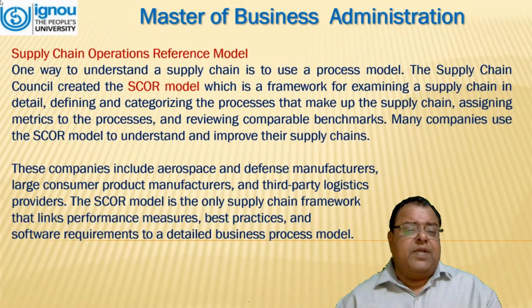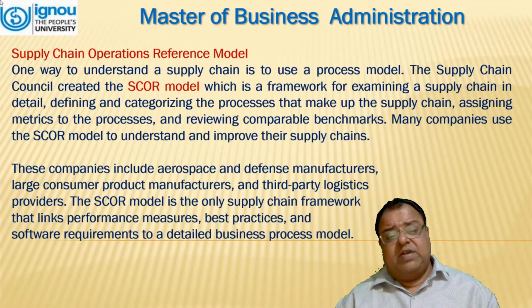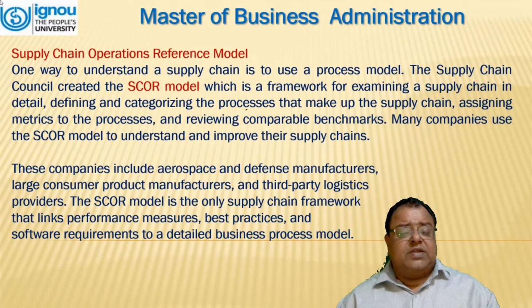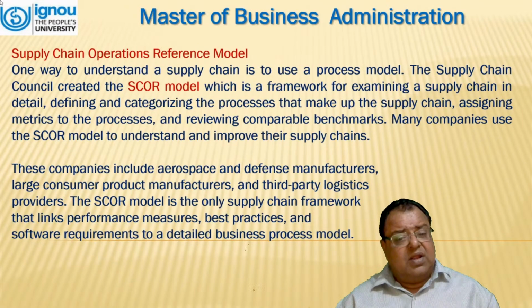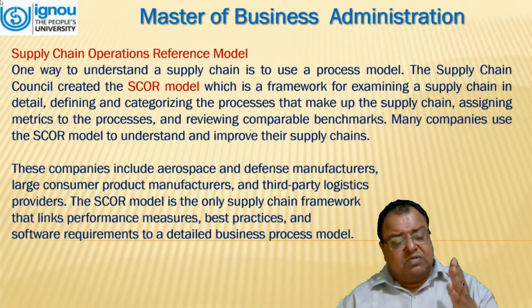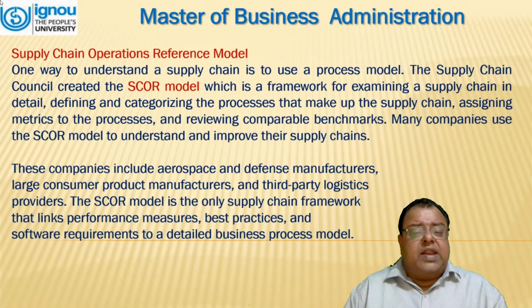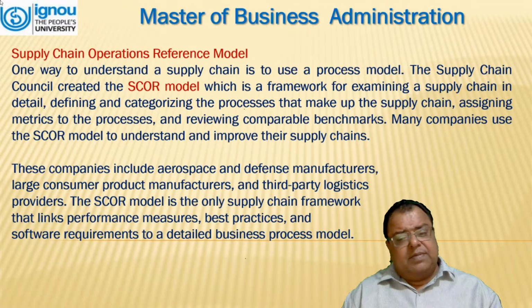Supply chain operation reference model, SCOR. One way to understand a supply chain is to use a process model. The Supply Chain Council created the SCOR model, which is a framework for examining a supply chain in detail, defining and categorizing processes that make up the supply chain, assigning metrics to the processes, and reviewing comparable benchmarks.